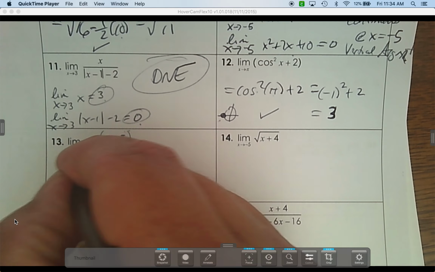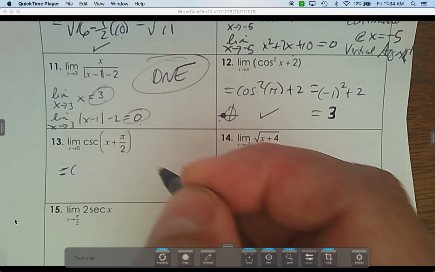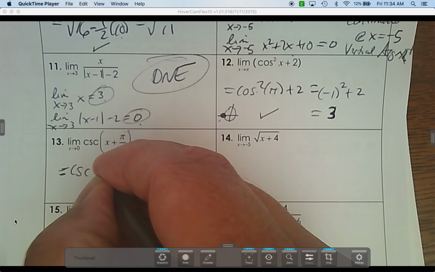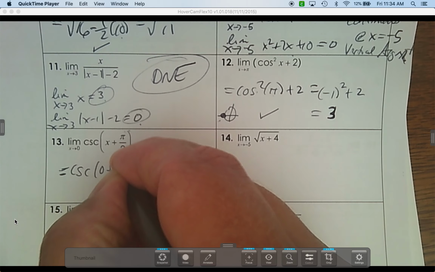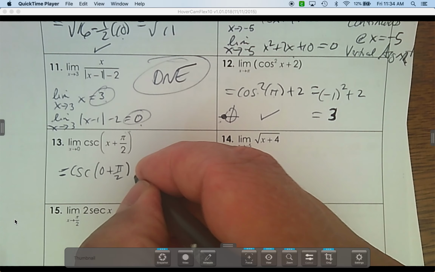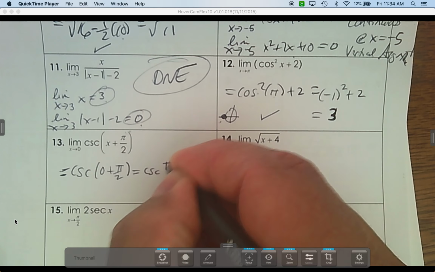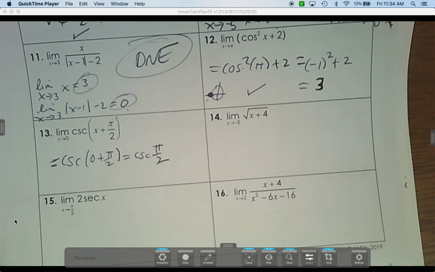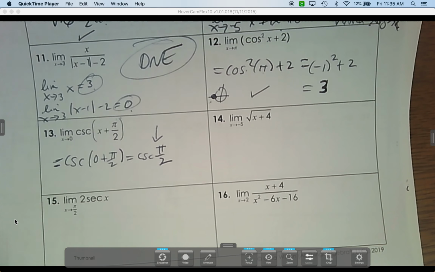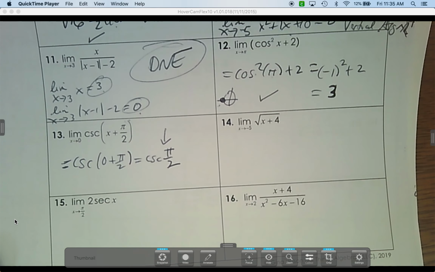13, trigonometry. Again, I'm just going to ask you to understand what's happening when you plug in 0. So when I do a substitution, the only thing we need to be aware of on the unit circle is: is there an asymptote there? So cosecant, the graph, are parabolas with asymptotes in between them.